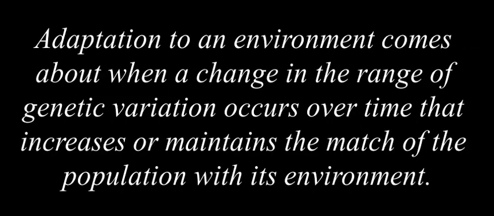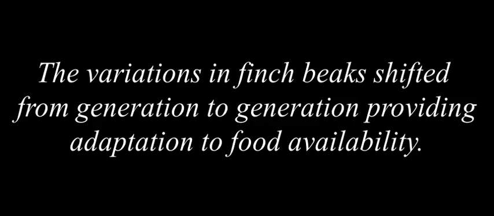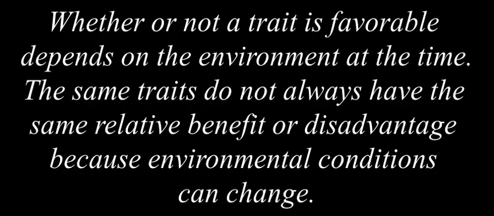Adaptation to an environment comes about when a change in the range of genetic variation occurs over time that increases or maintains the match of the population with its environment. The variations in finch beaks shifted from generation to generation, providing adaptation to food availability. Whether or not a trait is favorable depends on the environment at the time.